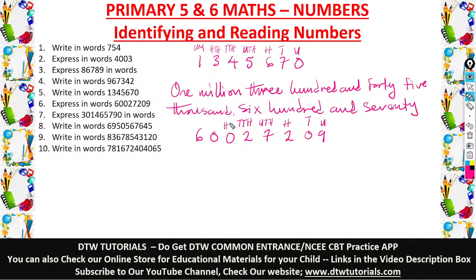This is our 100,000. This is our unit million, and this is our ten million. All right. You can see in this unit million, we don't have the value. Also in this 100,000, we don't have a value.